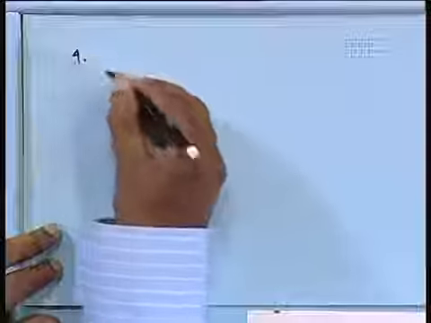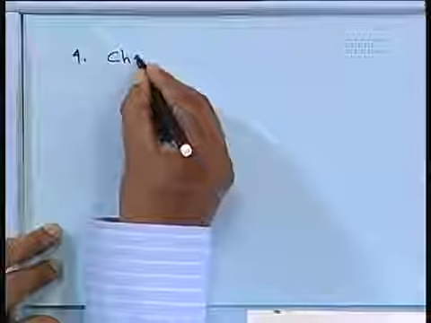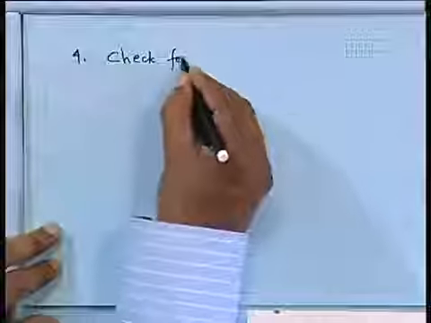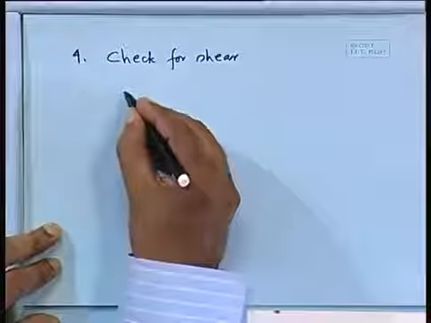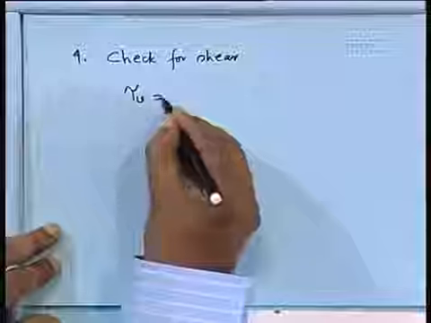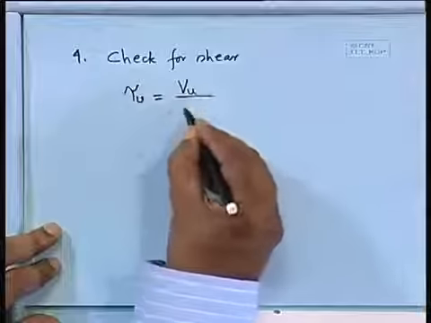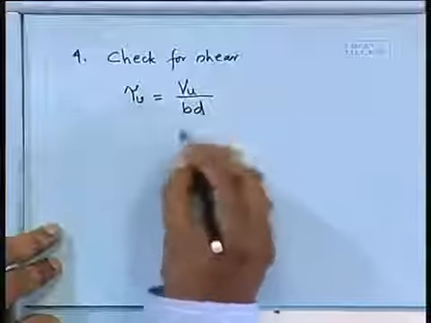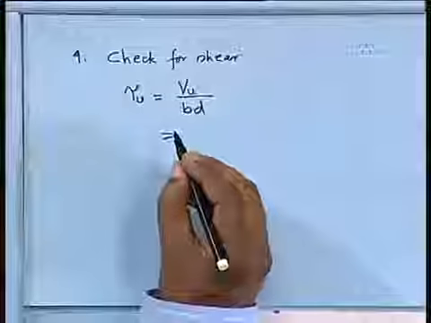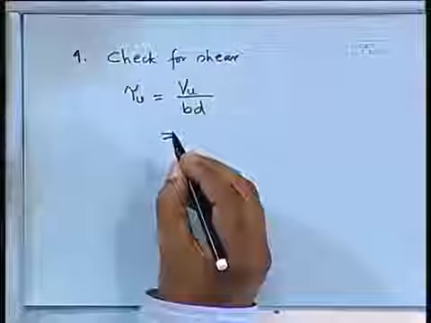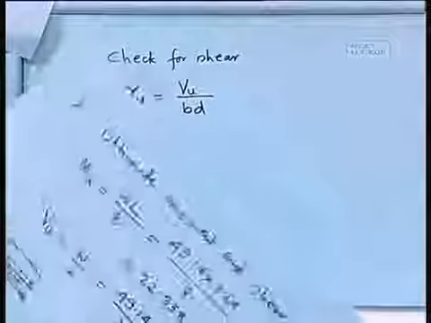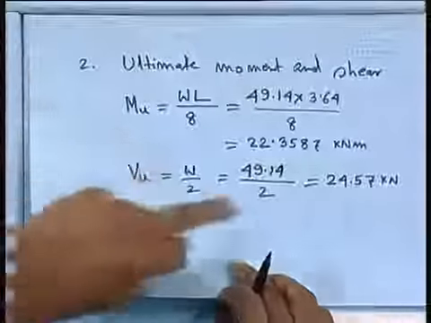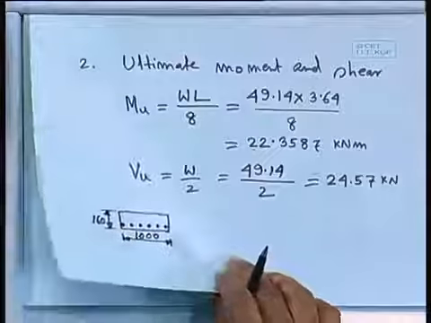Number 4, check for shear. What about tau v? Tau v equal to Vu by bd. Once more let me show you that Vu equal to 24.57 kilonewton.